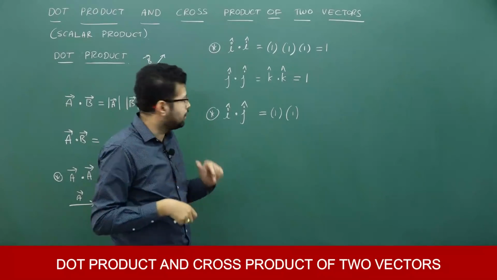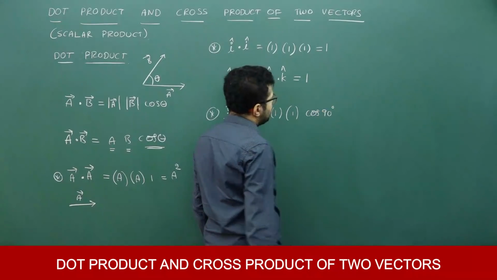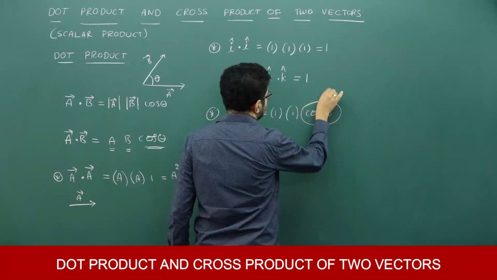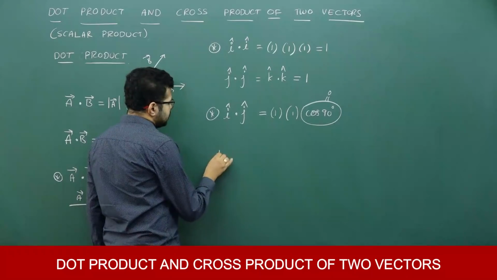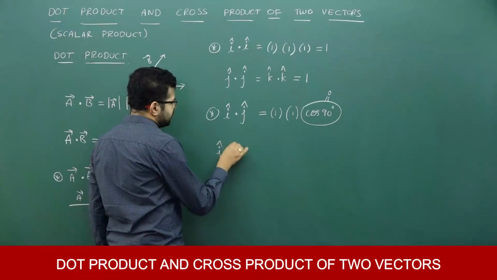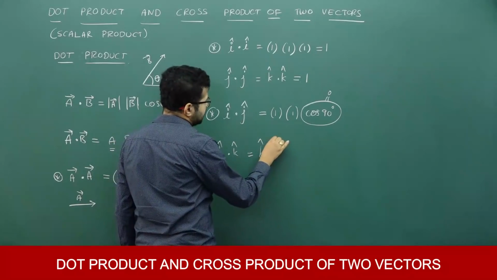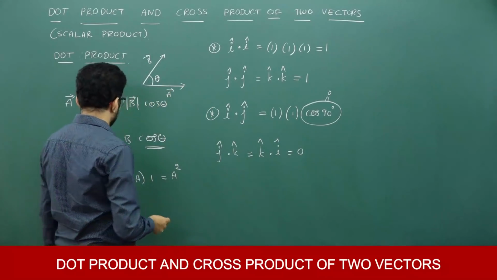So, cos 90. Cos 90 is how much? Cos 90 is 0. So, I dot j is 0. Similarly, j dot k is also 0, and k dot I is also 0, all these are zeros.